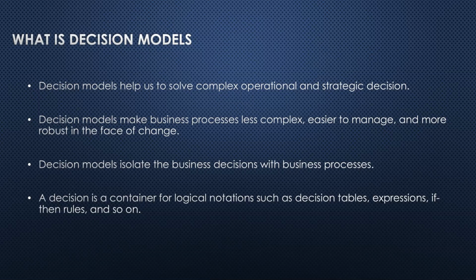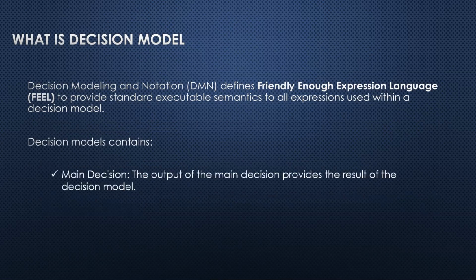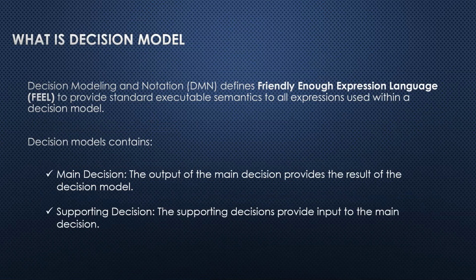Decision Model and Notation, DMN, defines a friendly enough expression language to provide standard executable semantics to all expressions used within a decision model. A decision model contains two types of decision: one is the main decision and the second is the supporting decision.